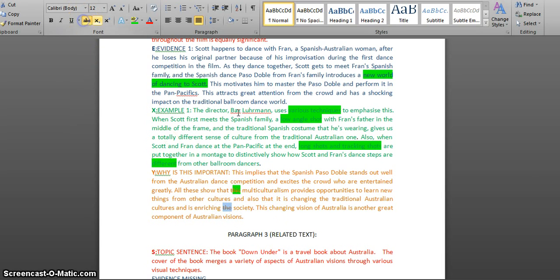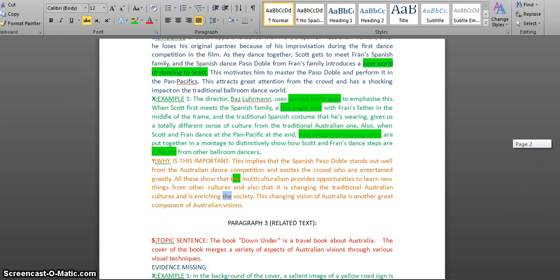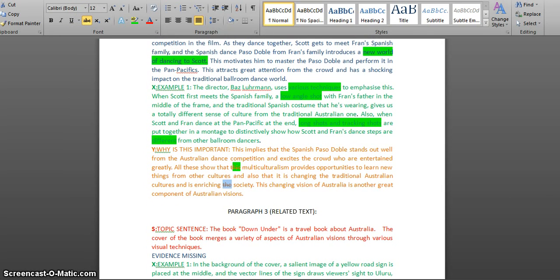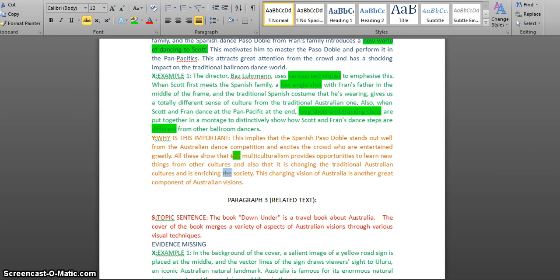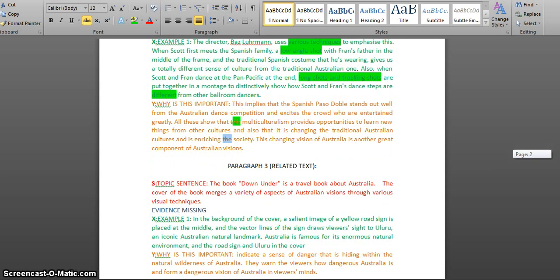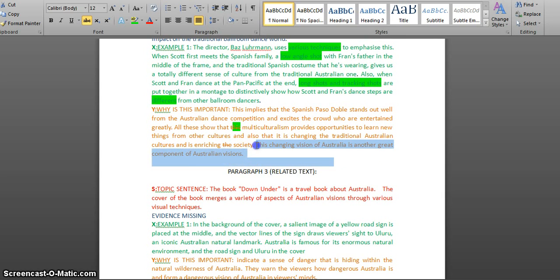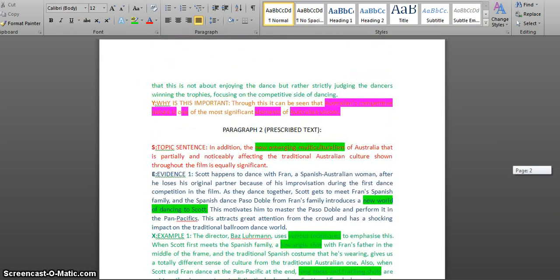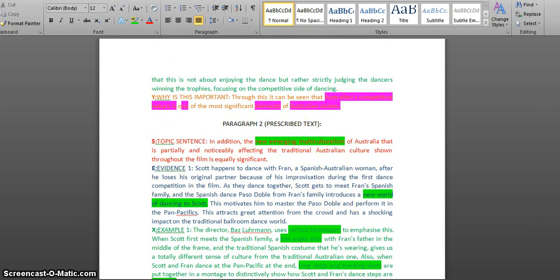So that's how he relates what happens in the film with the idea of multiculturalism in Australia. This changing vision of Australia is another great component of Australian visions. So he is reiterating what he actually said beforehand in his topic sentence.